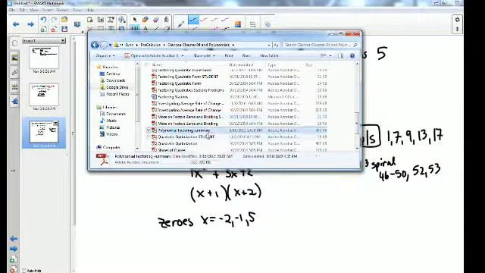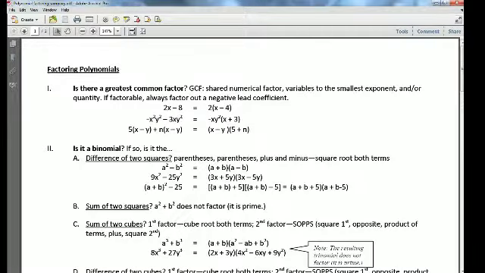Polynomial factoring summary. Okay, this is posted there as well. It's kind of a different way to look at factoring. Number one thing you do: is there a greatest common factor? Yes or no, and if there is, you factor it out.